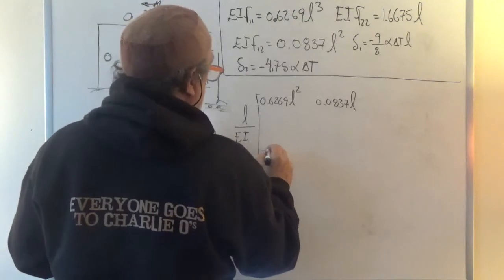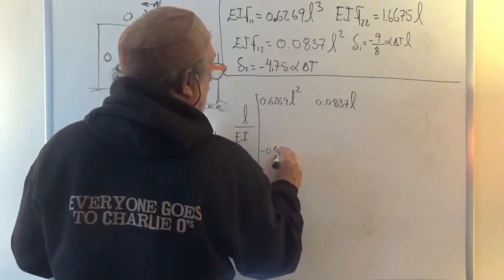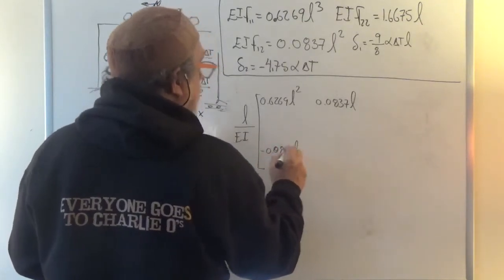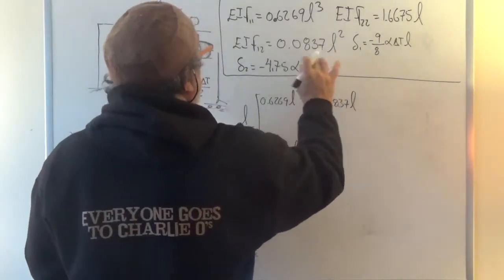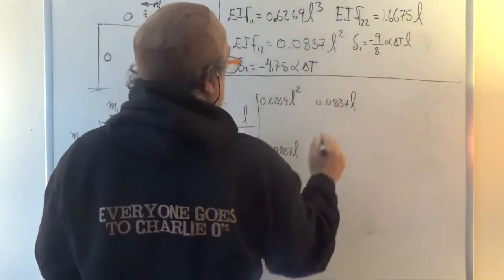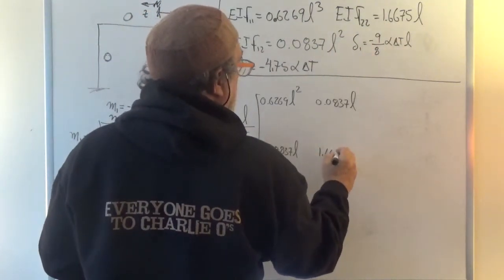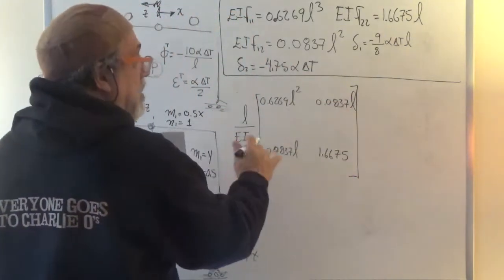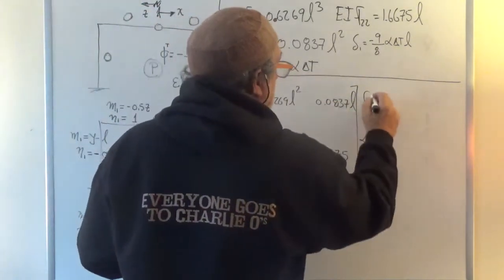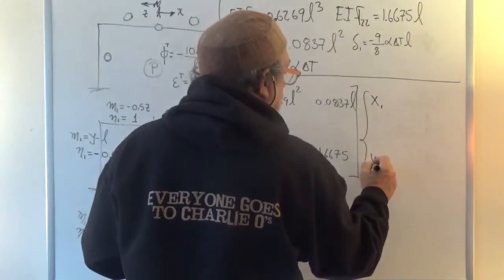This is 0.0837 L. This, which is the F22, the only one with an L, is 1.6675. So we have the flexibility matrix multiplied by our unknowns, which are x1 and x2.